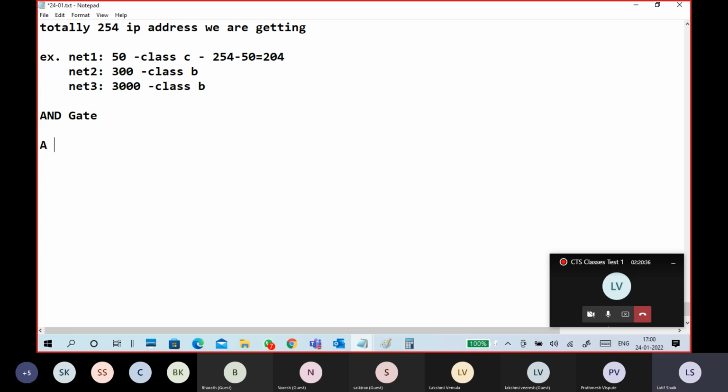A is the input, B is the input, and Y is the output.